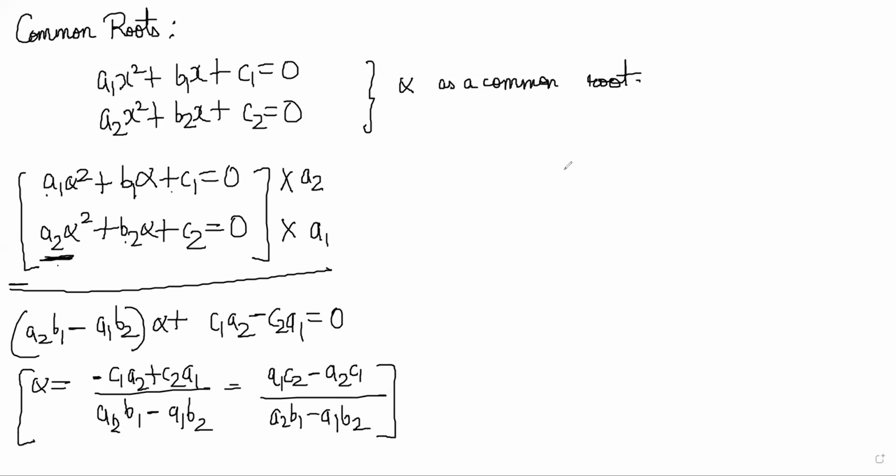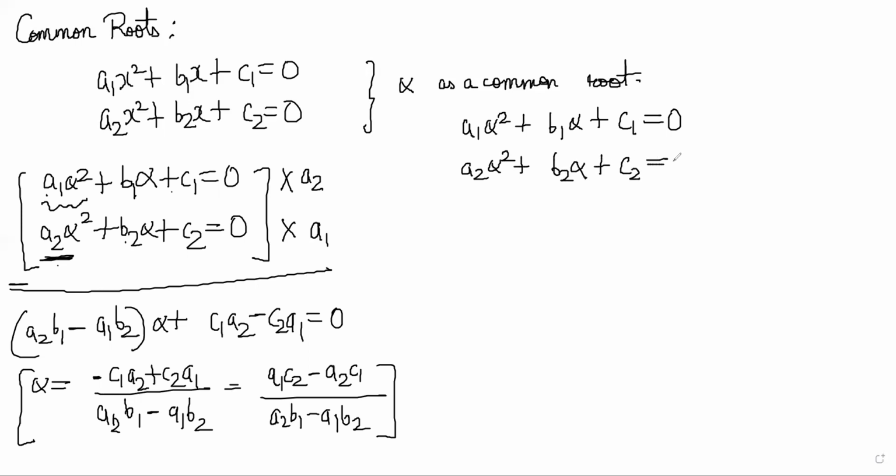Now you do the same thing, but this time you eliminate not alpha square, you eliminate alpha, okay? So how do we do that? Let's write the two equations. This equation is a2 alpha square plus b2 alpha plus c2 is equal to 0.